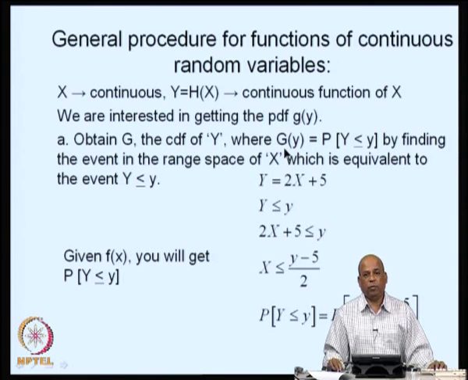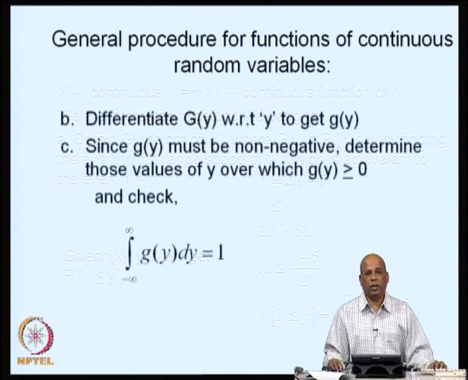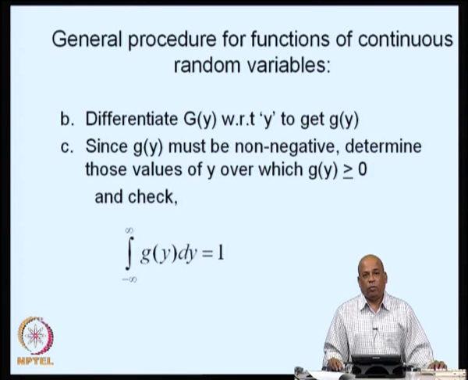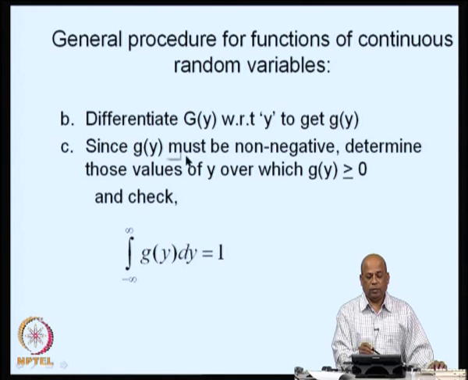Once we know the CDF of y, you can obtain the PDF of y. How do we do that? We simply differentiate the CDF with respect to y to get the associated PDF. So, we obtain the small g of y, which is the marginal density of y, from the CDF G of y by differentiating with respect to y.